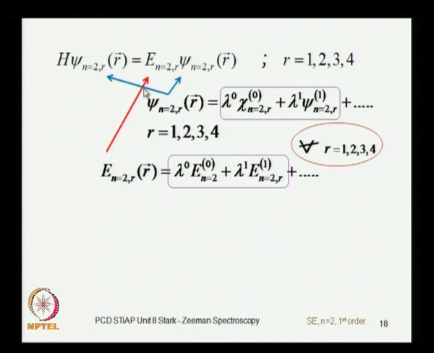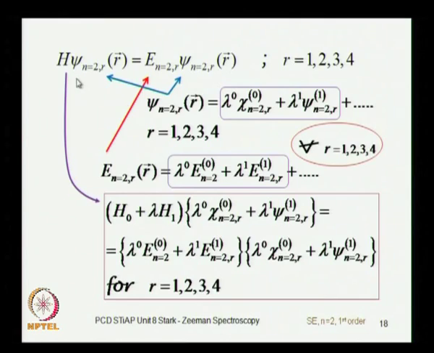The energy is similarly an expansion over the lambda parameter, which is the perturbation order parameter, and the Hamiltonian itself is H0 plus lambda H1. So you have rewritten this Schrodinger equation for the full Hamiltonian using the lambda parameter, but now you know that all terms in corresponding powers of lambda must be equal.